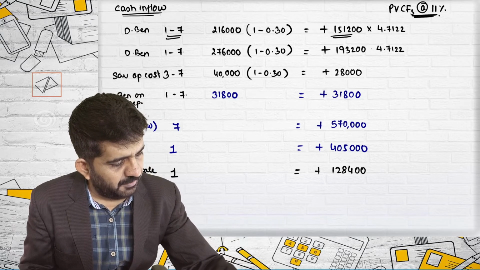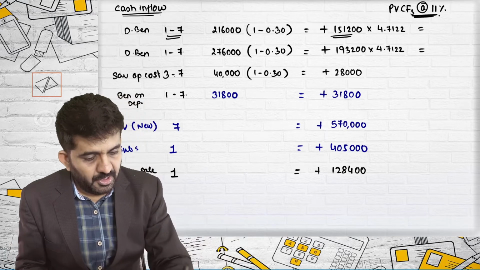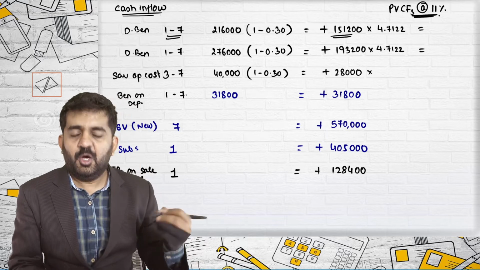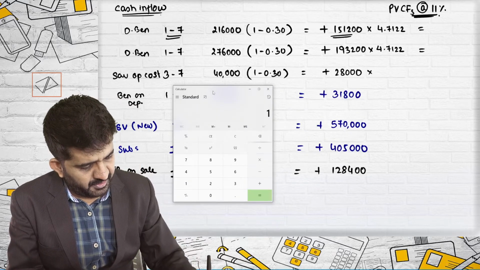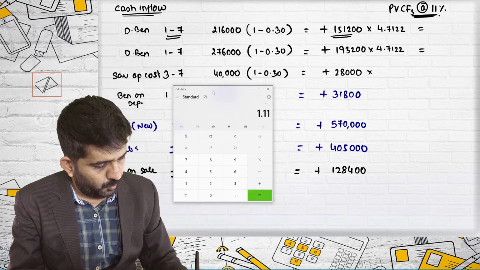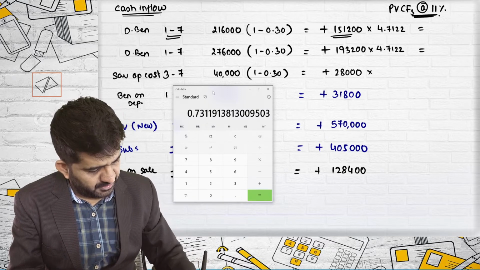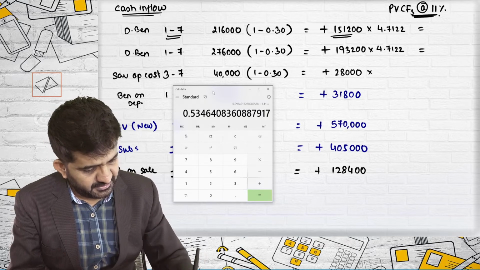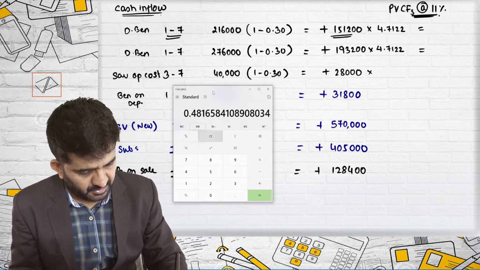If I multiply these two, I will get the present value, right? This is from 3 to 7. How to find the factors from 3 to 7? Concentrate. 1 divided by 1.11, for 1, 2, 3, 4, 5, 6, 7 years, added up.